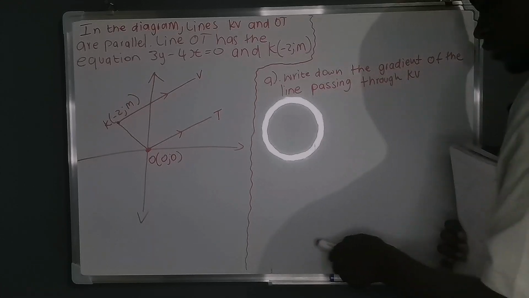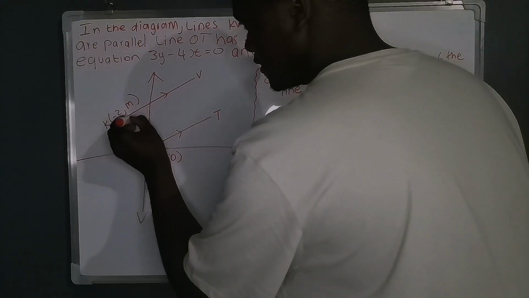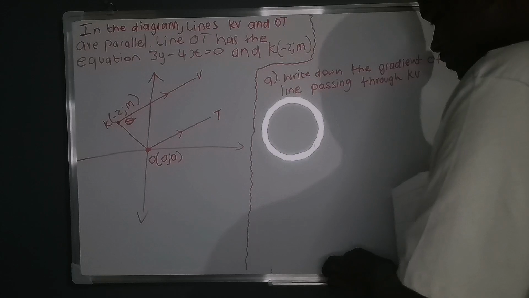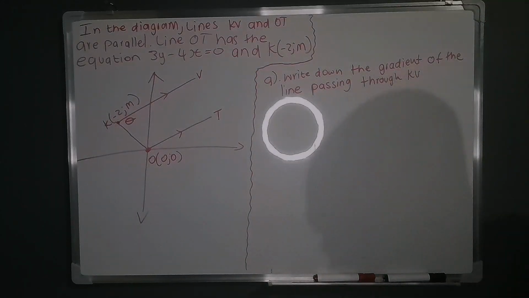Oh, you have theta here. Forgot there's an angle here. Theta. You have theta there. Now, guys, you just write down the gradient of the line passing through KV.